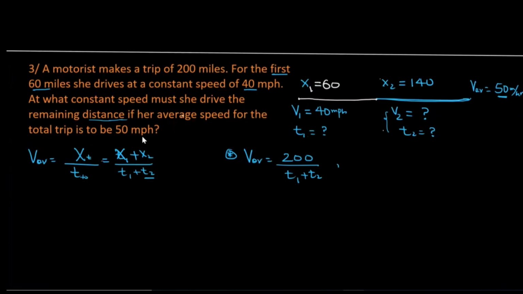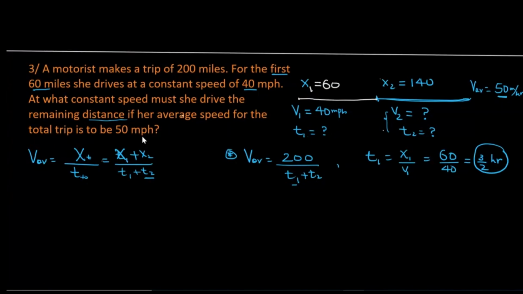From the first trip, t1 can be solved simply. t1 is equal to 60 over 40, which is distance 1 over velocity 1, because velocity is distance over time, so I can crisscross. 60 over v1, which is 40 miles per hour, gives 60 divided by 40, which is 3 over 2 hours, 1.5 hours. This is T1.